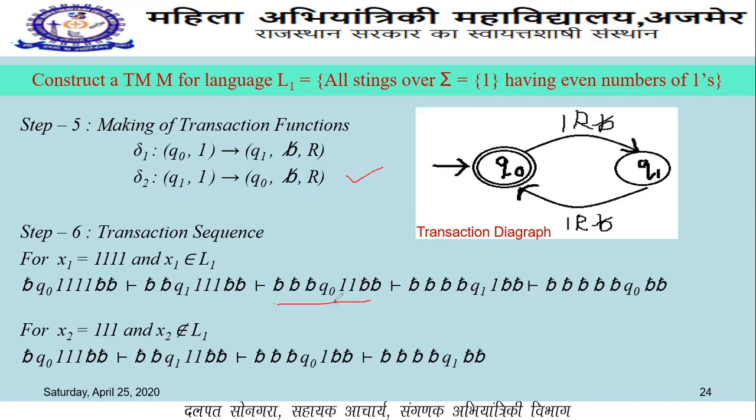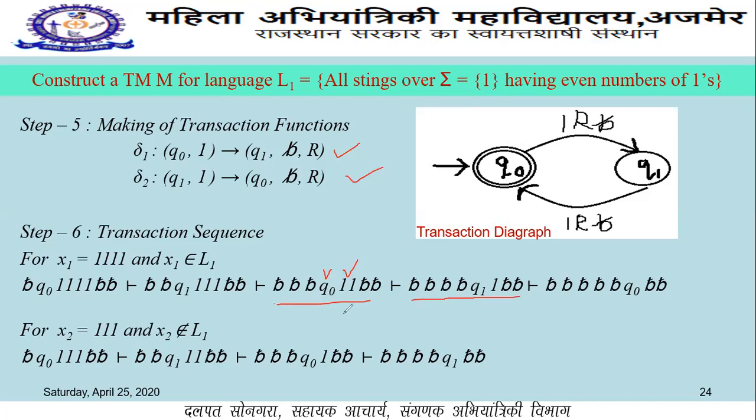Again we are at state q0 and we're reading 1. It means this one is an odd number of 1s. For this situation, whenever the machine is in state q0 and it reads 1, we already have a transition function, that is delta 1. So we apply that same delta 1 again and move to this situation.